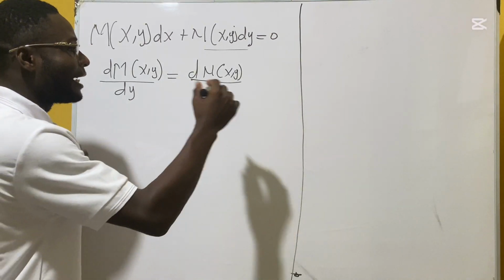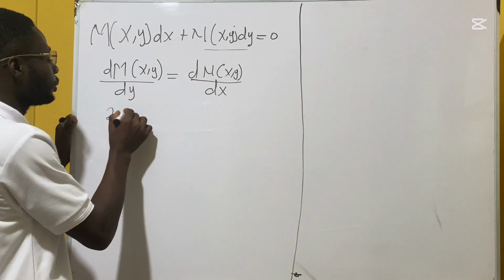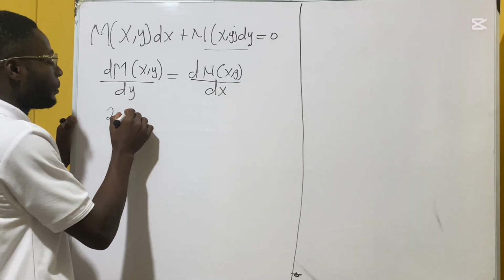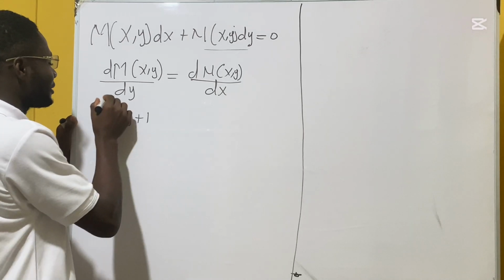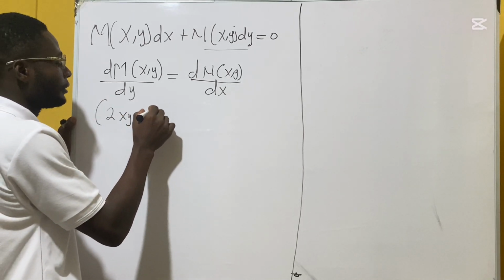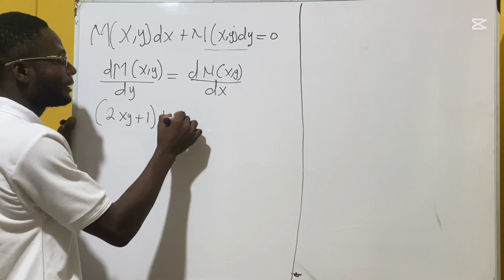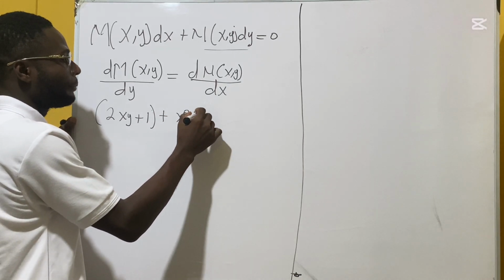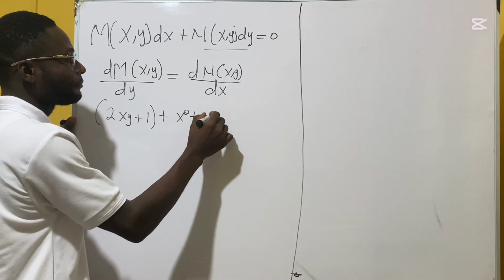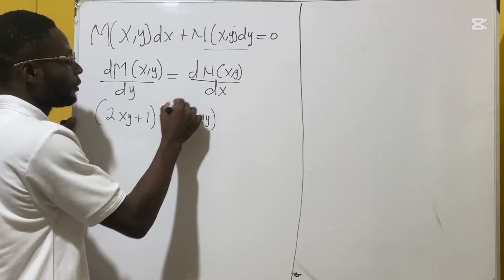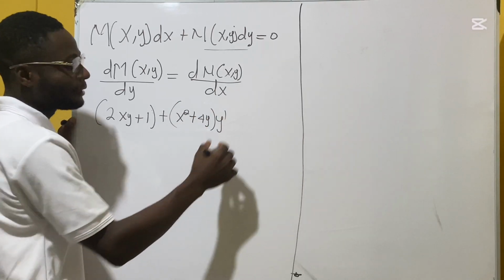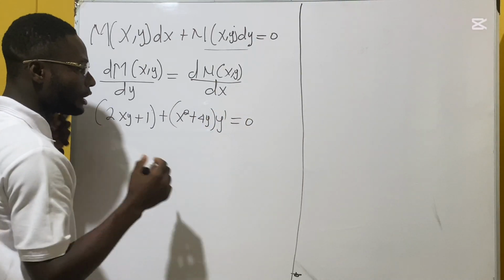So let's look at an example to check that particular condition. An example is (2xy plus 1) plus (x squared plus 4y) y prime, and this is equal to 0.